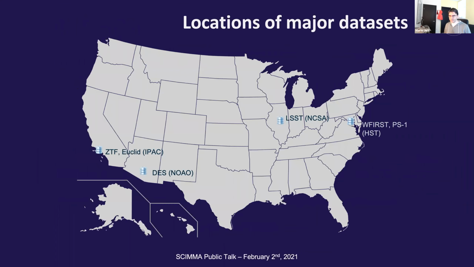And so to drive this point home, to illustrate the issue, here's a map of locations of data centers that are planned to house our key large astronomical data sets of this decade. And they're literally thousands of miles apart. So performing a joint analysis of, let's say, the LSST data and Euclid and WFIRST first requires moving them to a single location, which means downloading terabytes and petabytes of data.